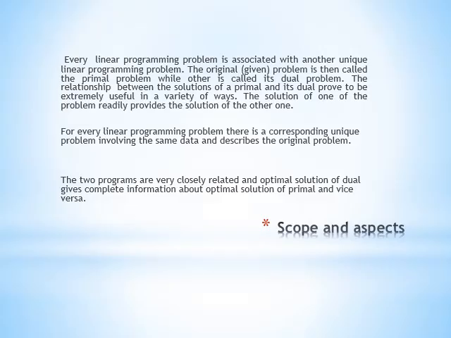Every linear programming problem is associated with another unique linear programming problem or problems. The original or given problem is then called the primal problem.